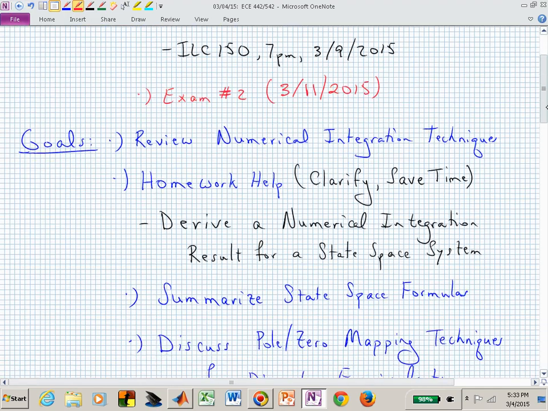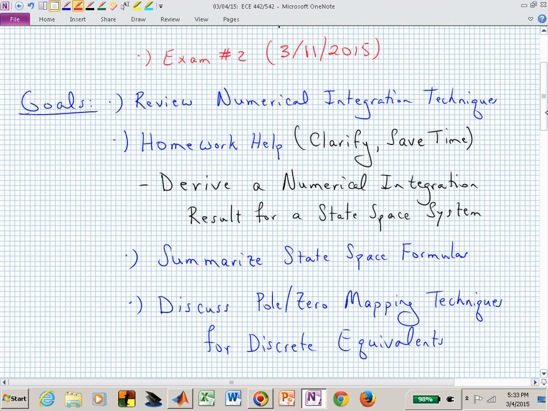Today we have a few goals. One is to review the numerical integration strategies or techniques that we looked at last time relative to forward, backward, and trapezoidal. Just writing those down. How do we replace the S with an expression in Z to convert these transfer functions?